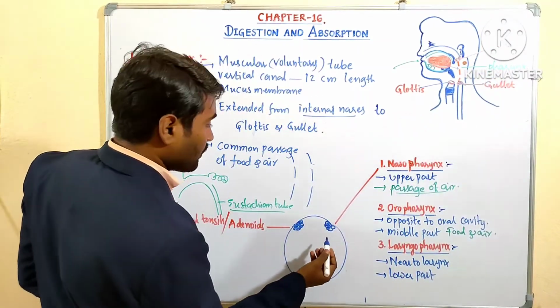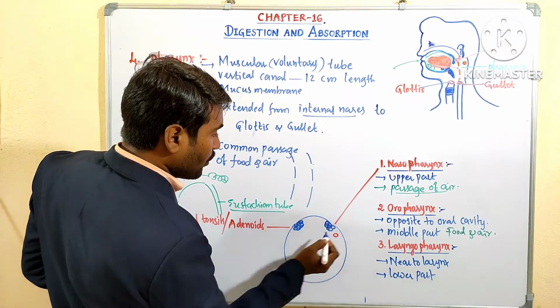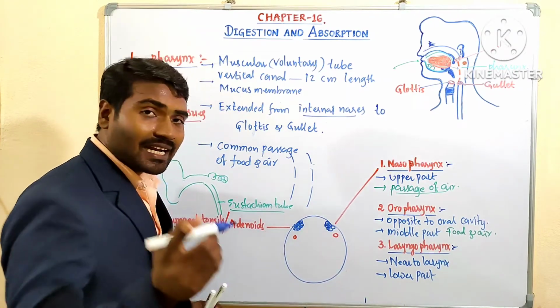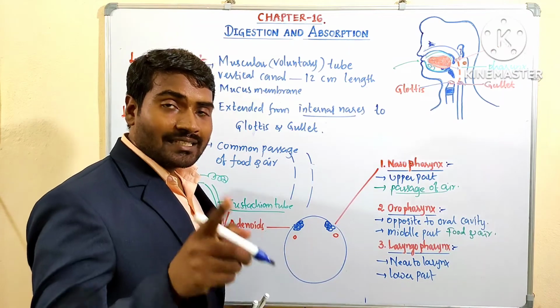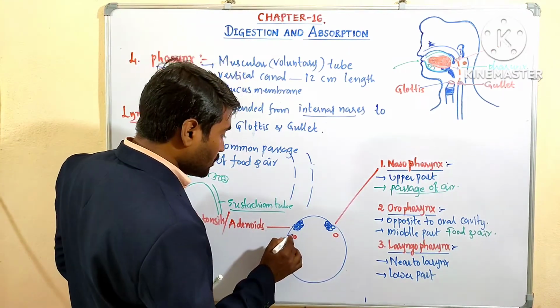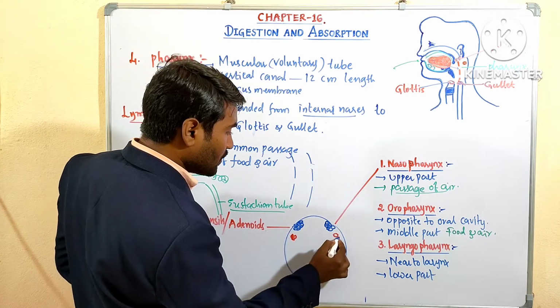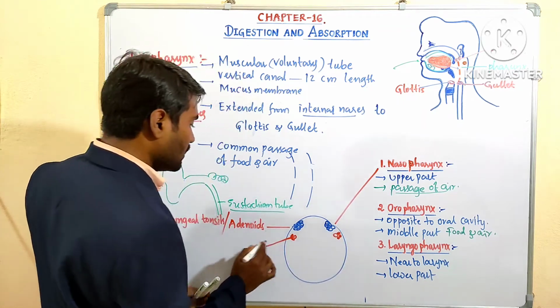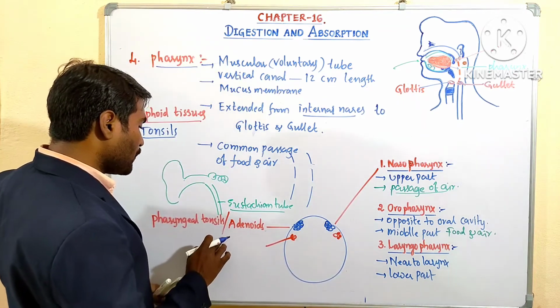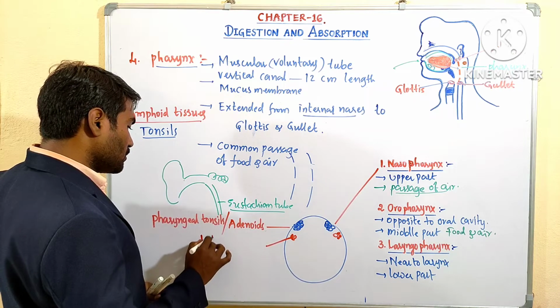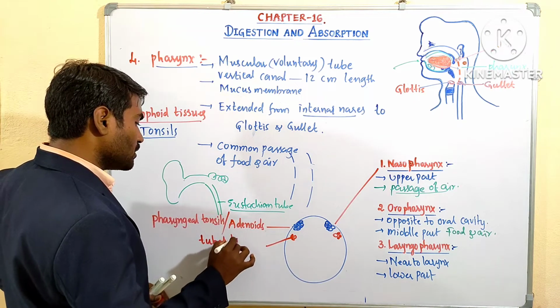Right. Even here the Eustachian tube will open. Beside the Eustachian tube, inside the mucous membrane, there are also special types of lymphoid tissues present. So these are called tubal tonsils.